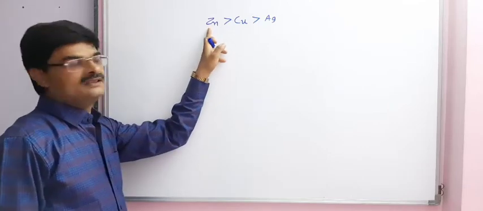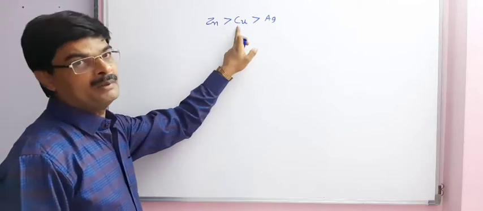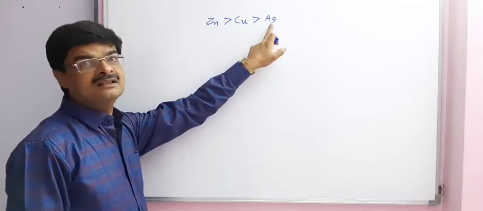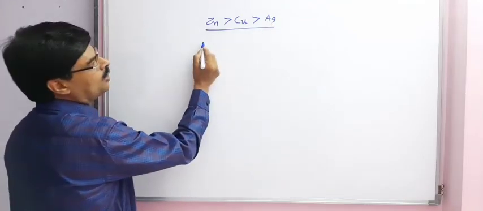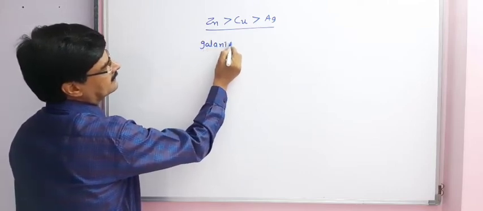It means that Zn has more electron releasing capacity than copper, and copper has more electron releasing capacity than silver. By using this type of activity series of metals, we can make different galvanic cells.